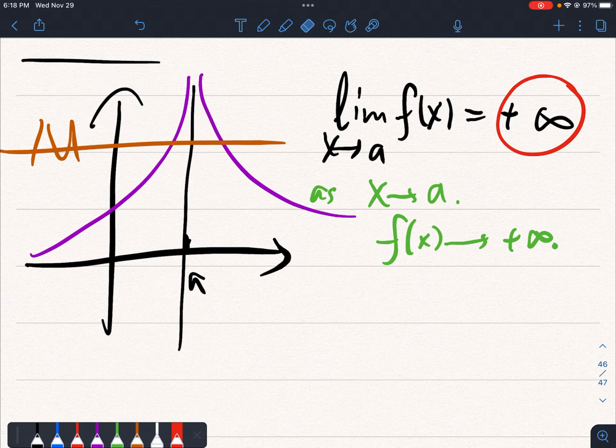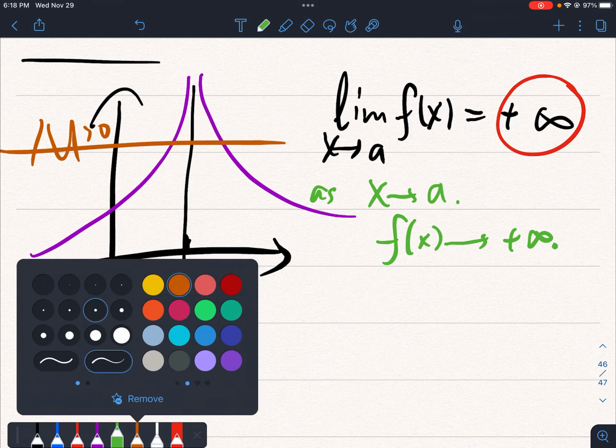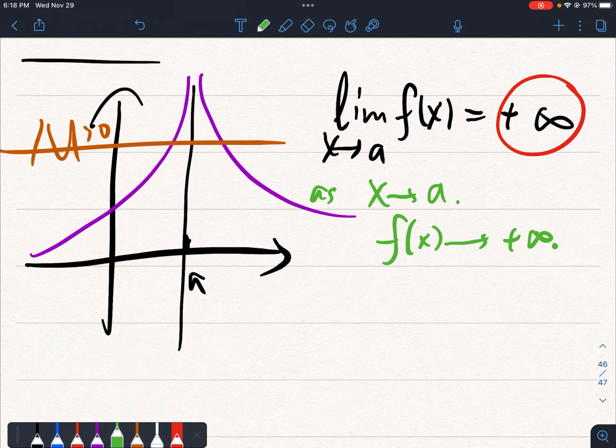What it means for a function to go to infinity is that for each big enough m bigger than 0, if we look at the graph that is above m, then you can find some open neighborhood around a, excluding the point a, such that for all x in this interval, all the values are bigger than m.